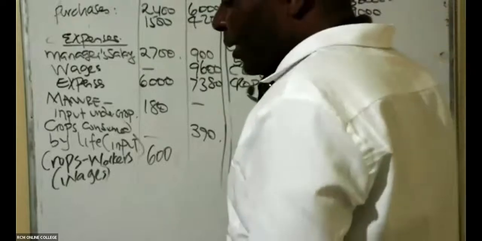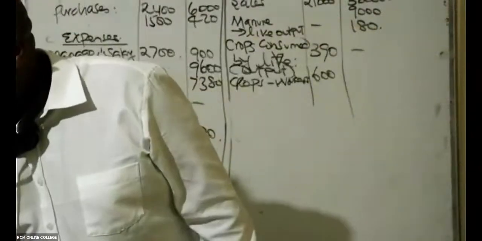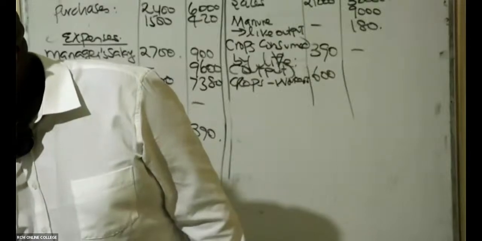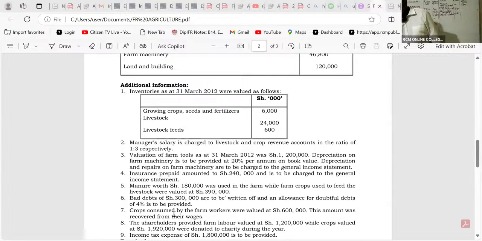So we are told, I repeat here, before I answer this gentleman, we are told, ladies and gentlemen, that crops consumed by the farm workers were valued at 600. This amount was recovered from their wages. So it's an expense.